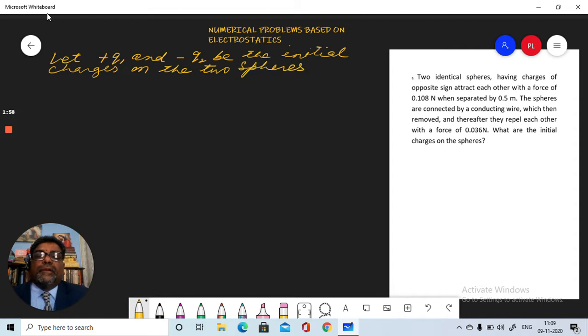The question says two identical spheres having charges of opposite signs. Therefore, we have plus Q1 and minus Q2. Naturally they will attract each other because they are opposite in direction.